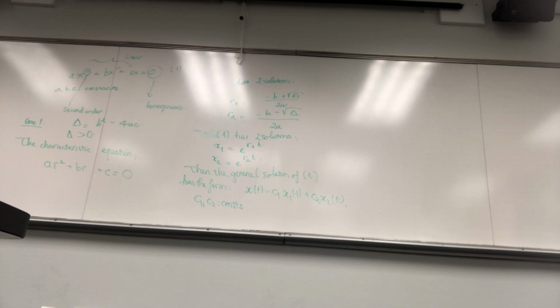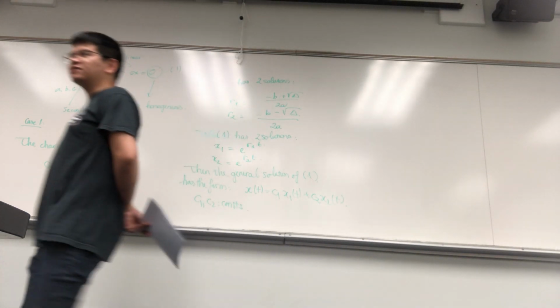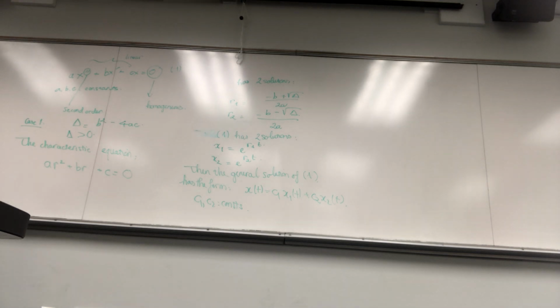Is it clear? So I'll explain again. In order to solve a second order differential equation with constant coefficients, the first step is to write out the characteristic equation, which is ar squared plus br plus c. This a is associated to r squared because it is associated to the second derivative.